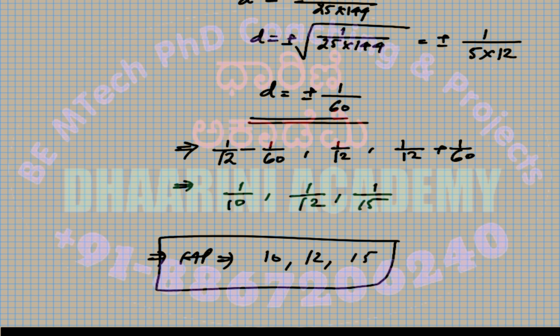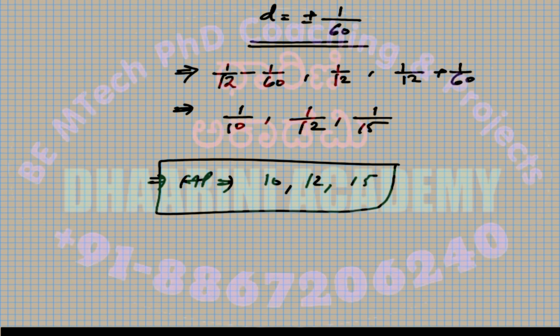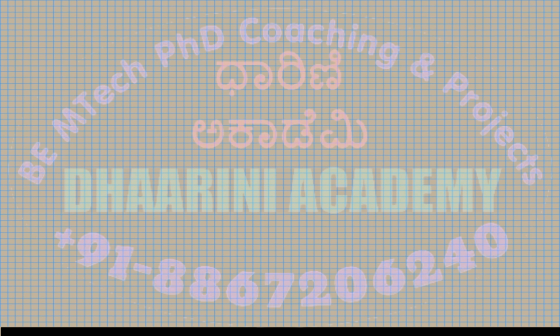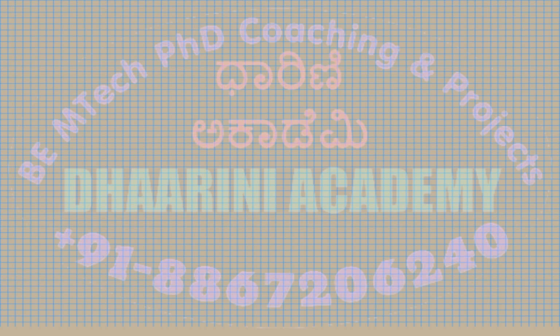Right. Then we go for one very important identity. This is the one which relates AP, GP, and HP.